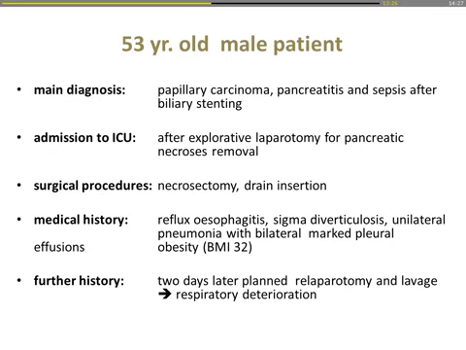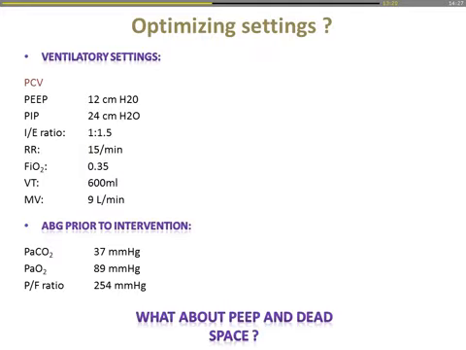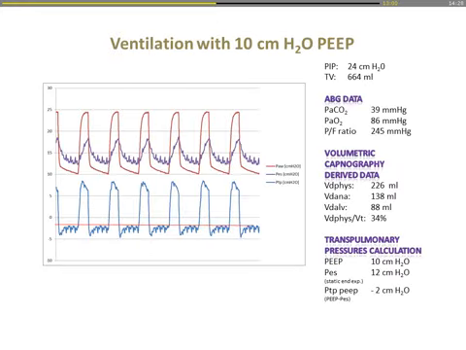So this is a 53-year-old male patient. That's the chest X-ray. The ventilatory settings before we did the measurement, as you can see here, it's a PEEP of 12. I don't go into details. PaCO2 is 37, PaO2 is 89, PF ratio 12. What about PEEP and dead space? That's our interest. So we started to do some measurements.